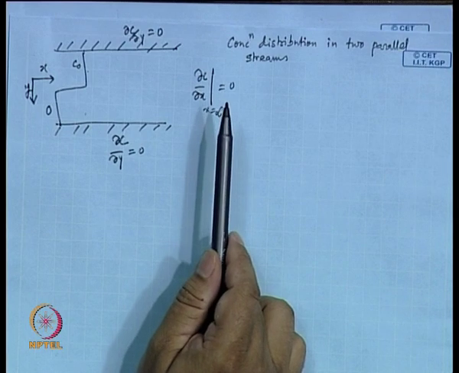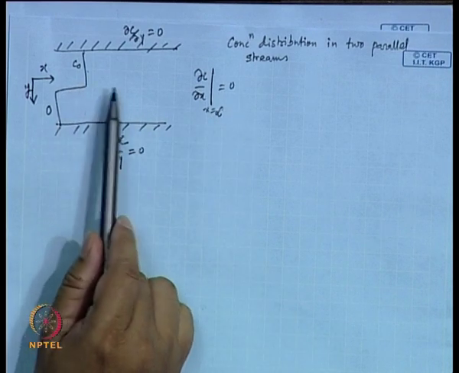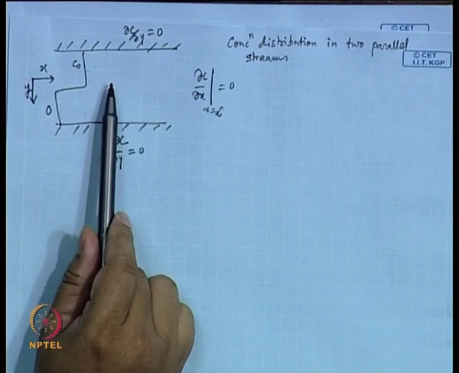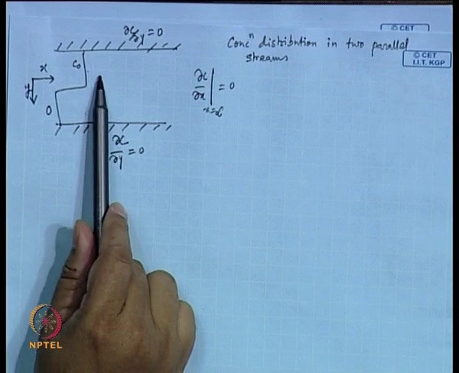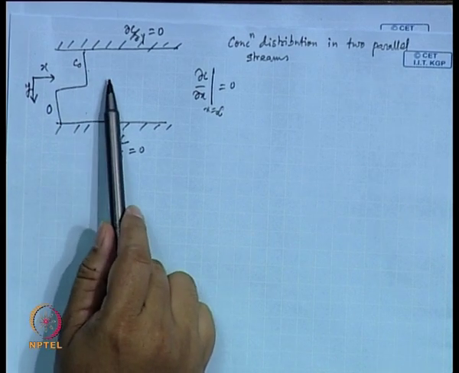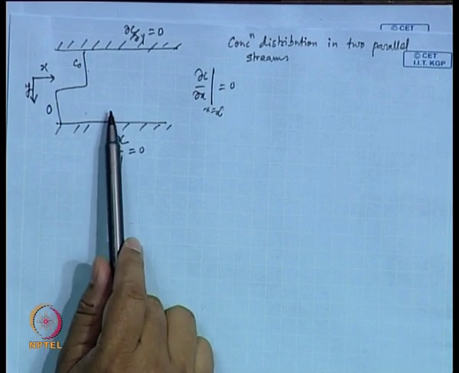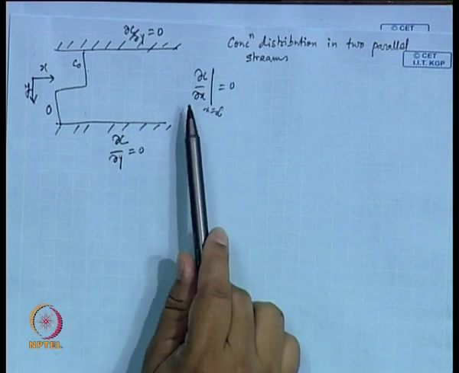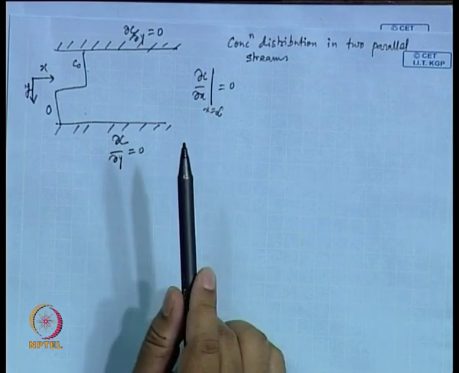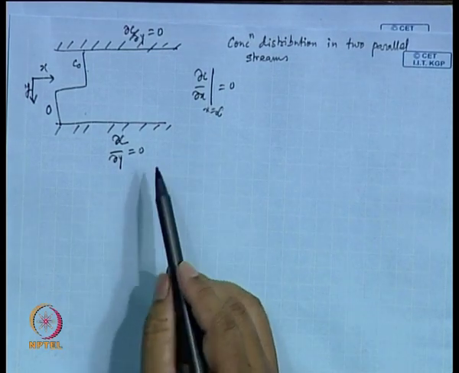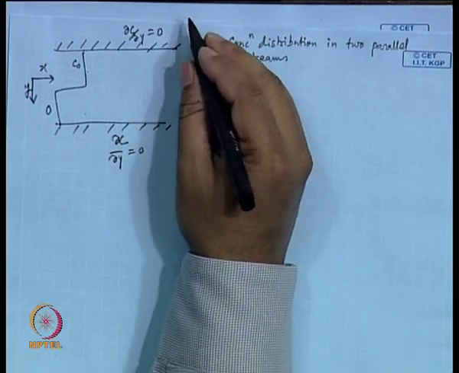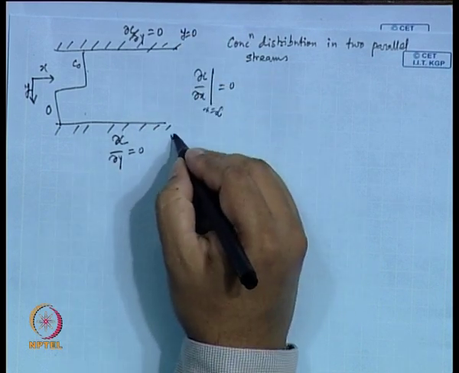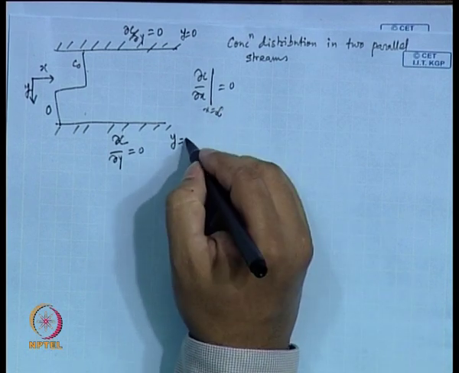There will be no longer any concentration change, but here the concentration is changing. If you look at the concentration at this point and at this point, in this half of the stream it would be going down and here it is going up. So, in the x direction concentration is changing, but at infinity you assume del C del x is equal to 0. And this you call y equal to 0, and let us call this y equal to w.